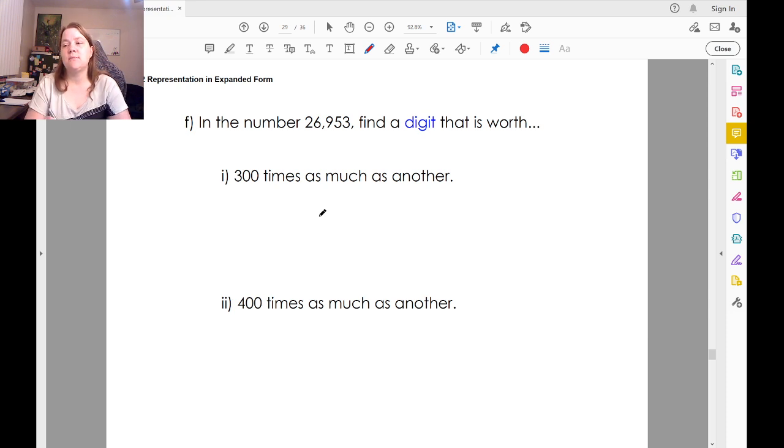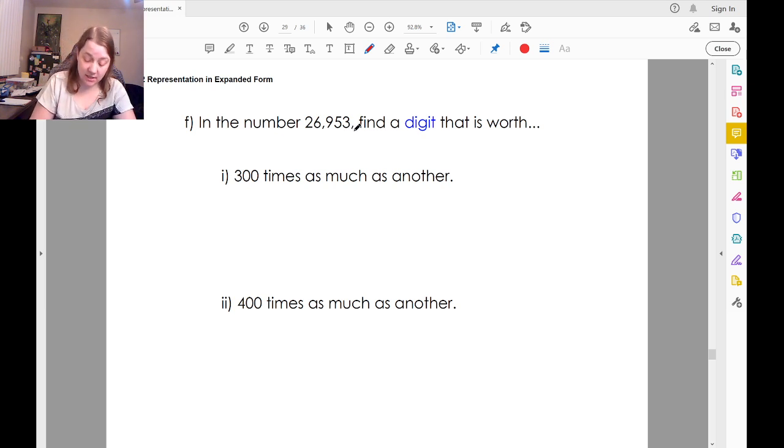So in this number, we want a digit that is worth 300 times as much as another. So let's go ahead and look at this. We want something that's 300 times as much as another. We're not necessarily looking at just the worth of the digit now.